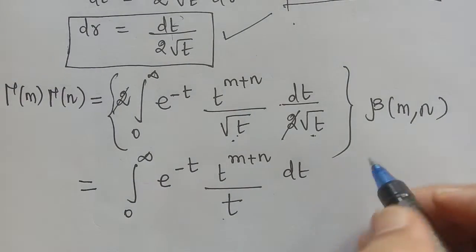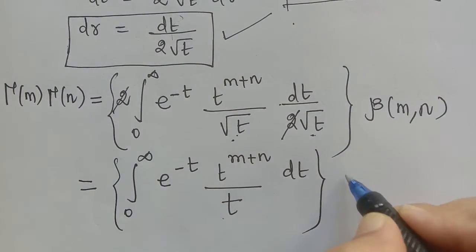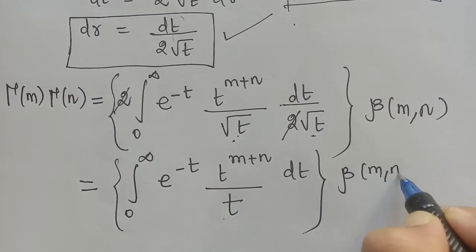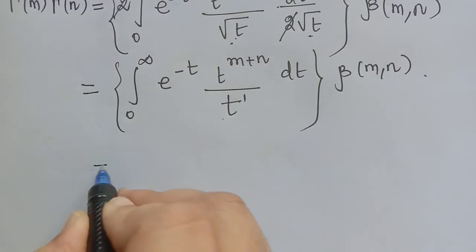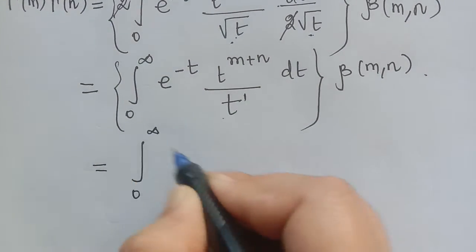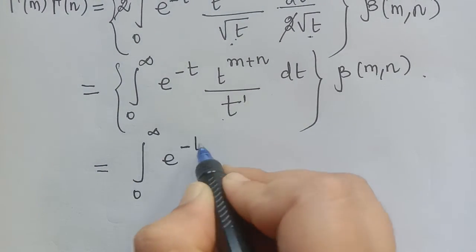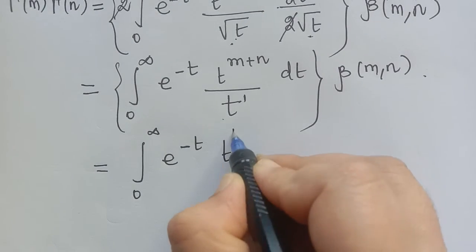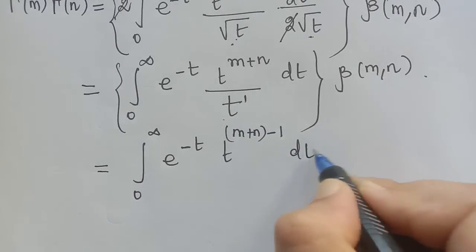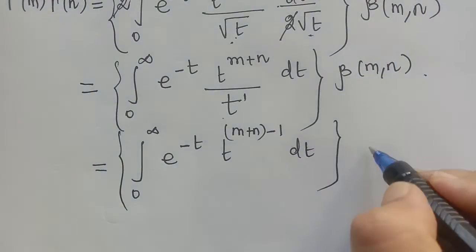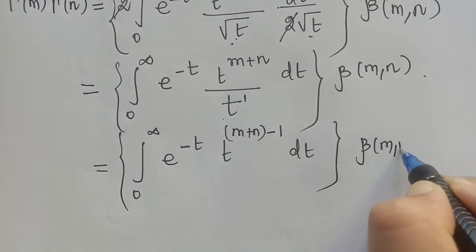So t and dt, and this whole multiplied with beta of m comma n. Now this t to the power 1, if it is taken to the numerator, it becomes integral 0 to infinity e to the power minus t, t to the power m plus n minus 1, dt. And this has to be multiplied with beta of m comma n.